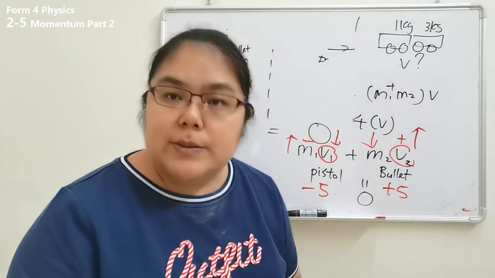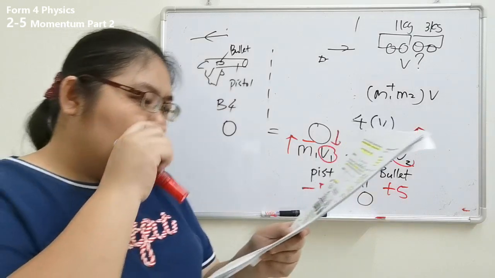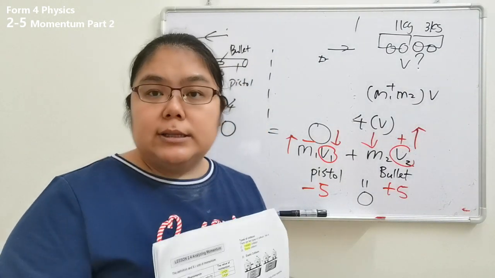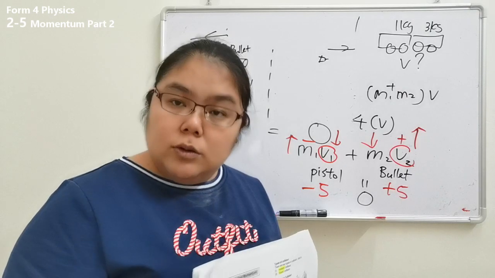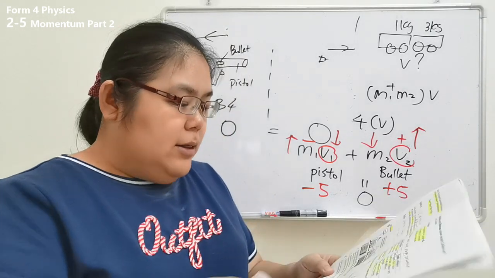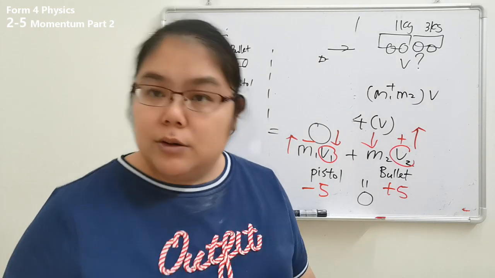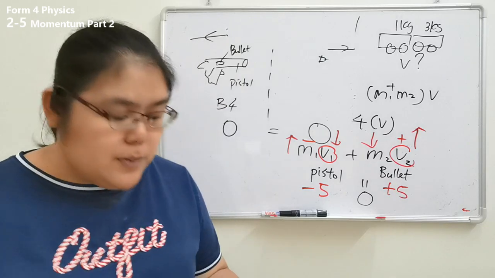Why? Follow the principle. The next one: total momentum before is 0. Agree? Because they say stationary, they are starting from rest, so it is 0. Then total momentum after the explosion, how? It must also be 0, yes or no? Because before is 0, the final must be 0.